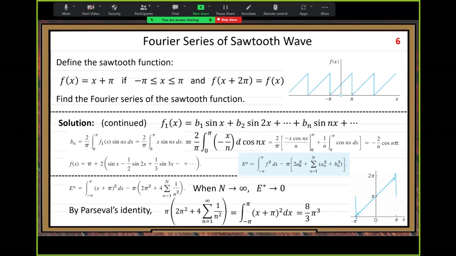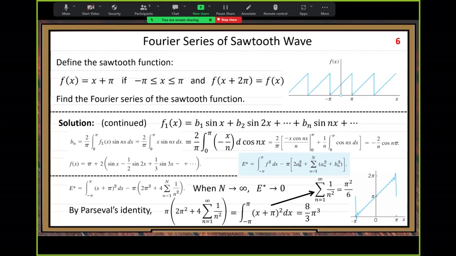It gives 8/3 pi cubed. So this summation times pi equals that one. We can simplify it to get this summation: the summation of the reciprocal of n squared equals pi squared over 6.